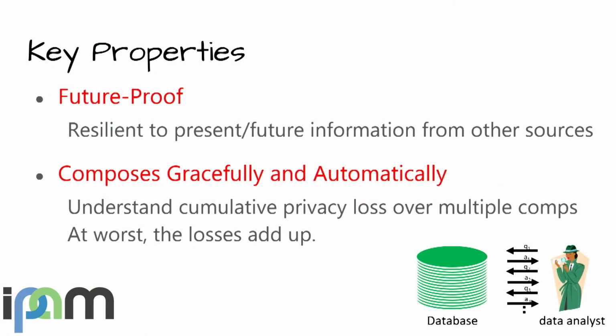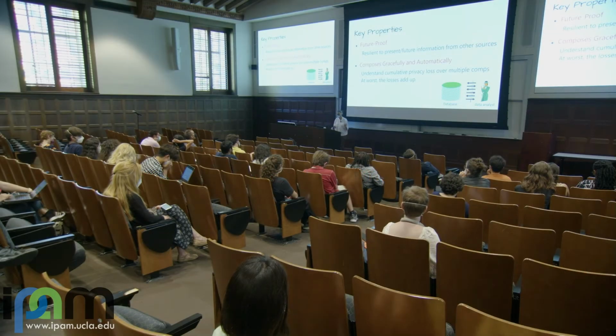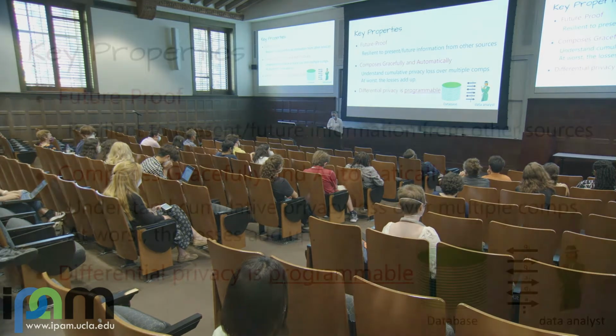So differential privacy lets you understand how your privacy loss is accumulating over multiple queries so that you can either increase or decrease the privacy budget so that you're leaking less and less privacy, or maybe even cut off interaction with the data set completely. So at worst, the privacy losses will add up, but things are a bit better than that.